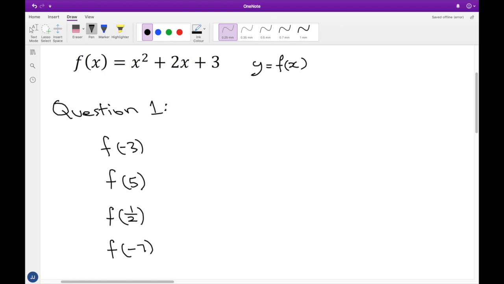So we have these 4 questions here, and let's just see how you do with them. You could practice them and send them in the comments and let me see how you do.